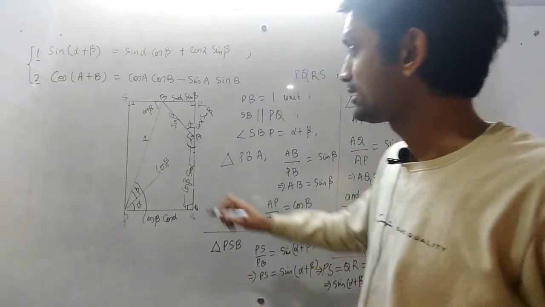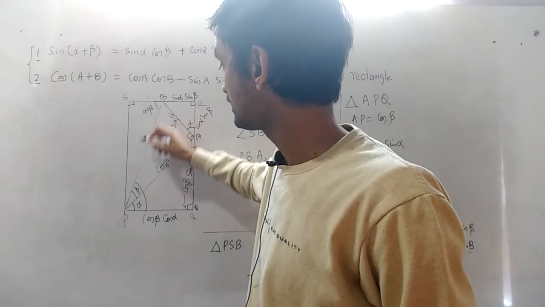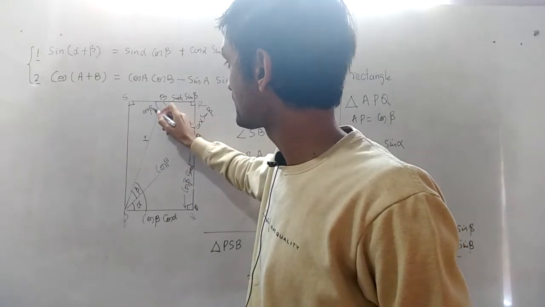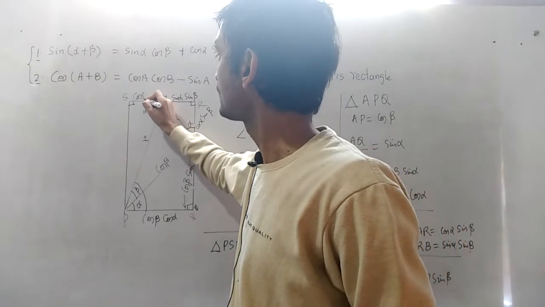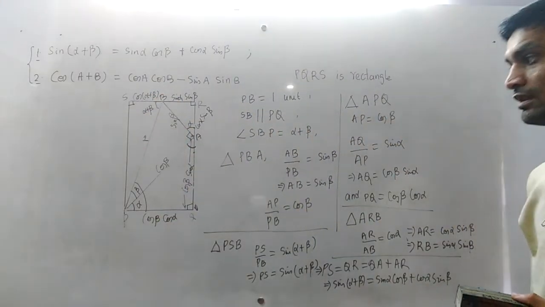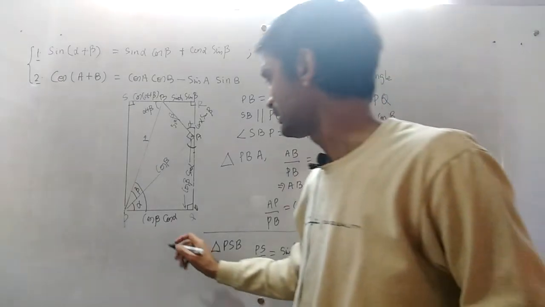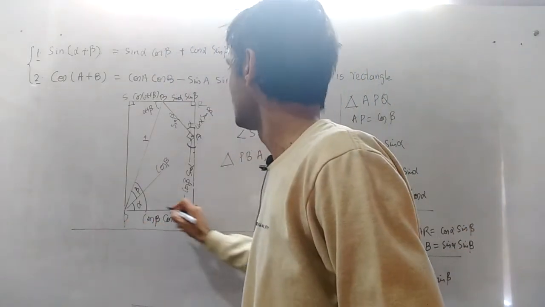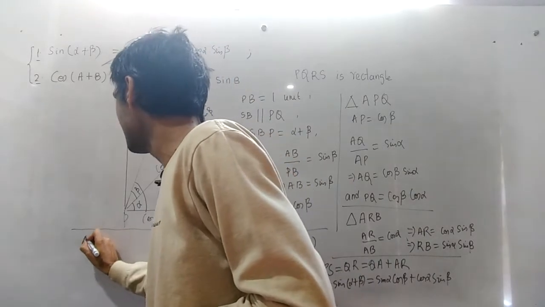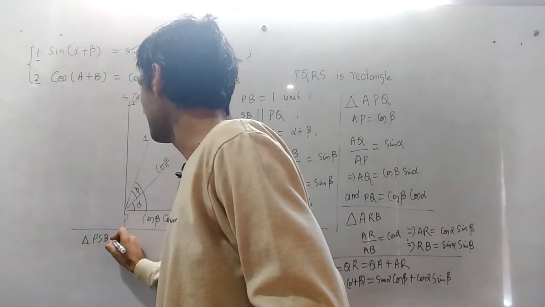And what about this length? This is 1 and this angle is alpha plus beta, so this length is cos alpha plus beta. If you have been asked cos alpha plus beta, it means SB in the triangle PSB.